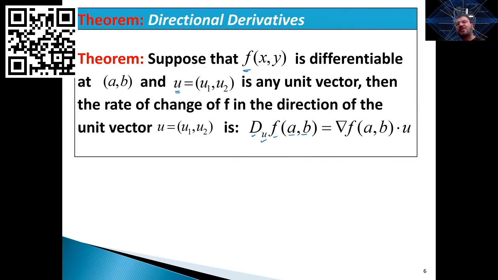It means I'm going to find the rate of change of this function f in the direction of u at the point (a, b). How do I find this? It's simply the gradient of f at the point dot product the unit vector u. Very simple. We find the gradient at a point, dot product with the unit vector u. This will give me actually the velocity of the object moving in the direction of the unit vector u.